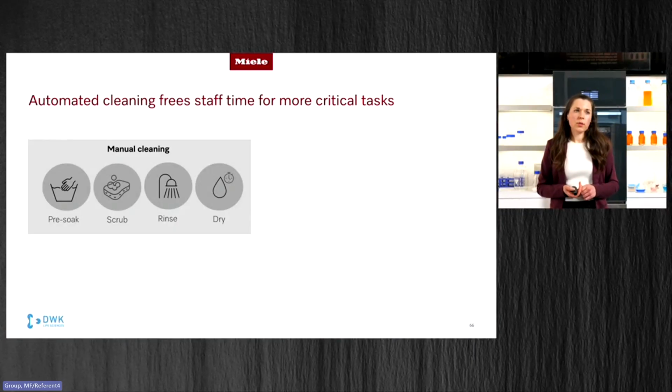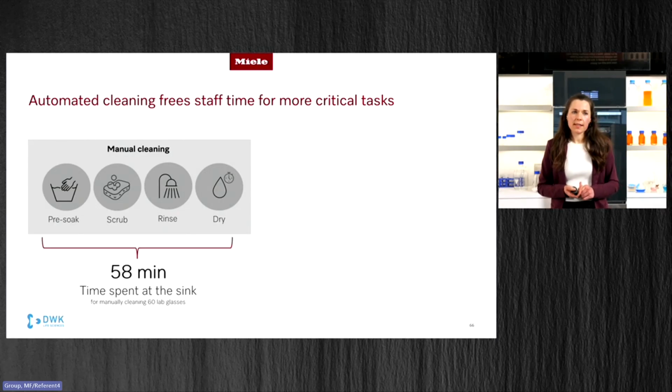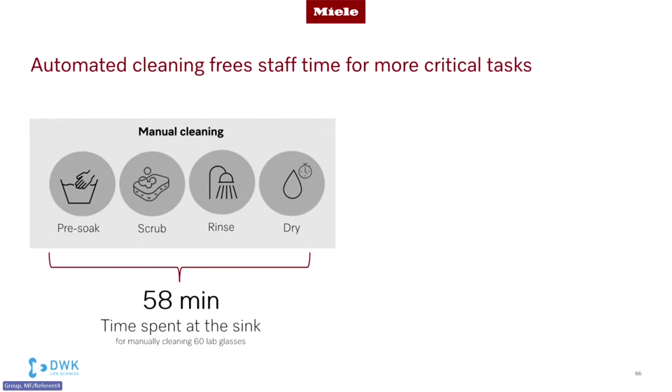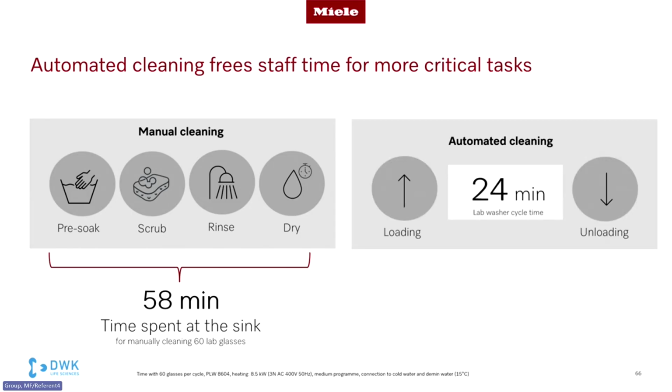That brings us to another aspect in terms of efficiency. When someone spends 58 minutes at the sink, that's almost an hour lost to more productive work. So the 58 minutes can't be used for anything else. With a lab washer, you load it, you press start, and you walk away.